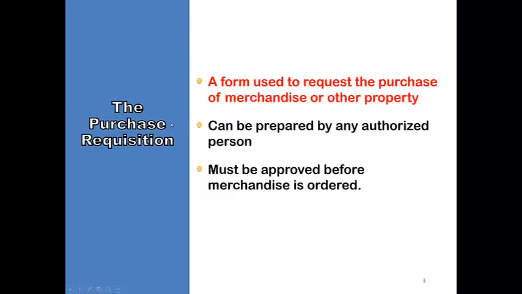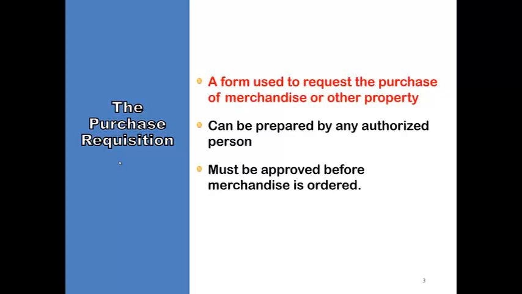Now, before we purchase anything, we have to complete a purchase requisition because you can't just let any employee purchase anything without it being approved first. When an authorized individual sees that merchandise needs to be purchased, perhaps the inventory is getting low, they submit a purchase requisition.